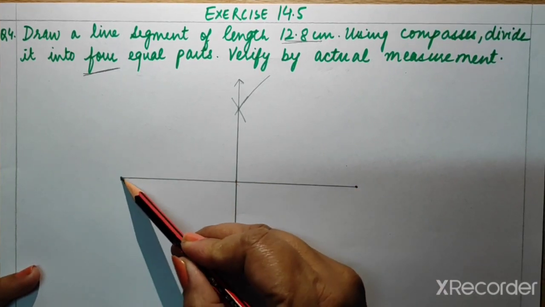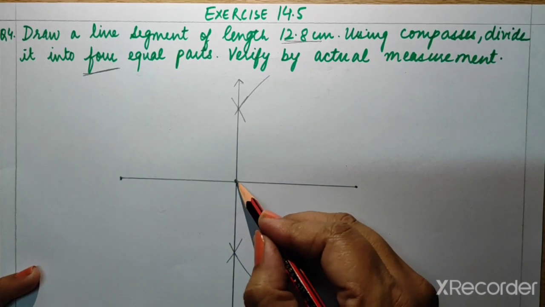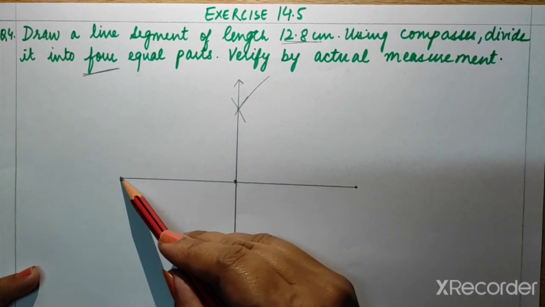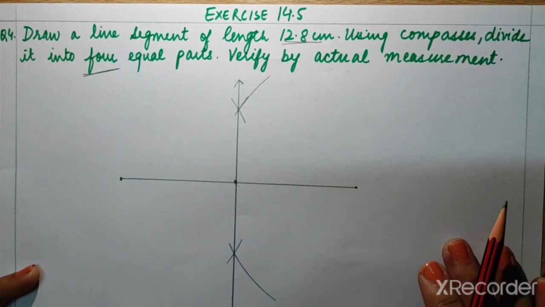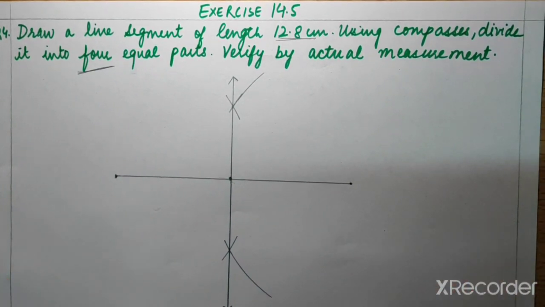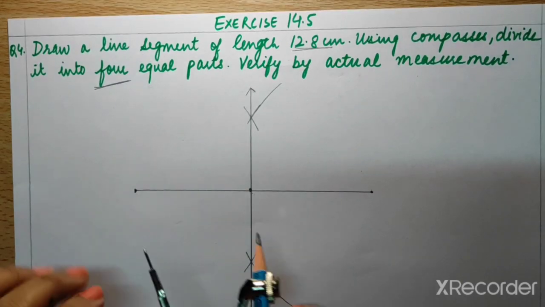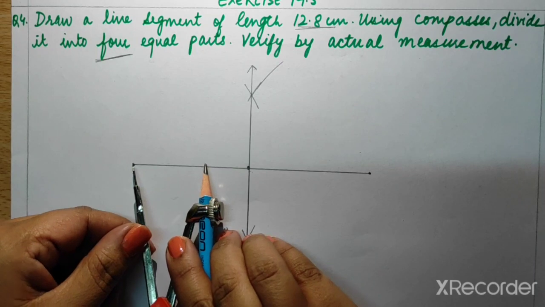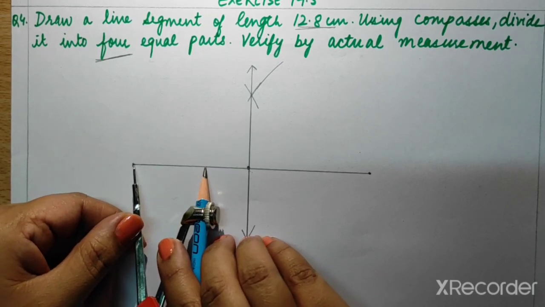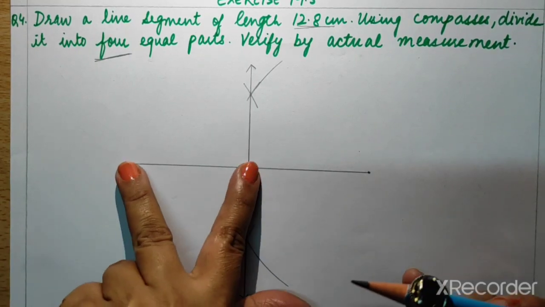Now we have to divide the first half into 2 equal parts. So we'll open our compass more than this length only, this much. Again you can check, we can tighten our compass a little. By rough idea you can have, this is more than half of this half, right?